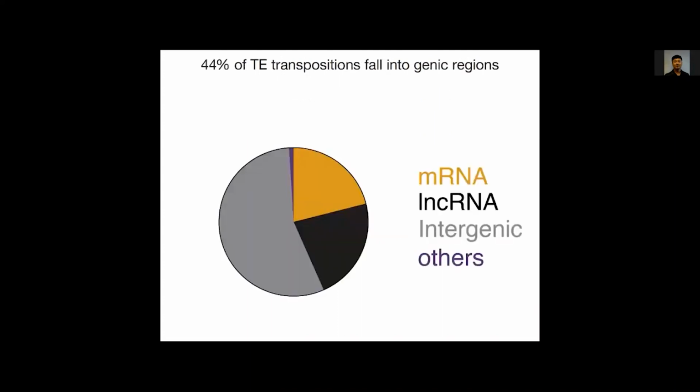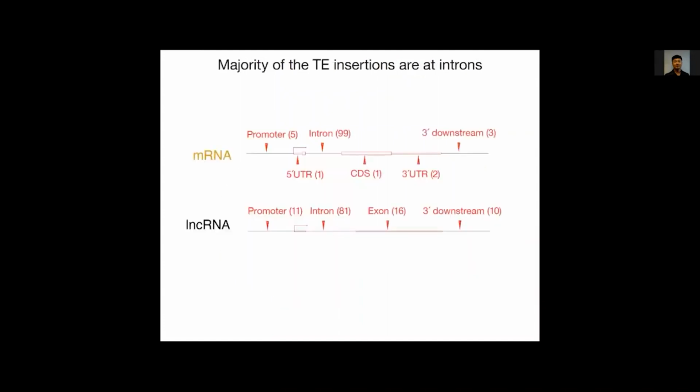Then we wanted to know where these transposons are localized. We found that around 44% of them fall into the genic region, with half in the mRNA region and half in the lncRNA region.